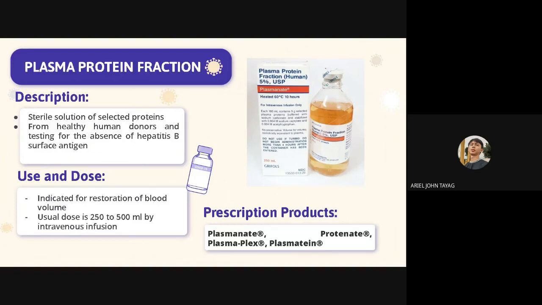So for the plasma protein fraction. So plasma protein fraction is a sterile solution of selected proteins derived by fractionating materials from healthy human donors and testing for the absence of hepatitis B surface antigen.